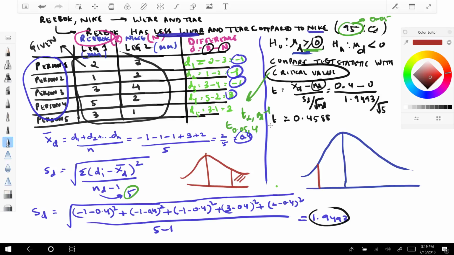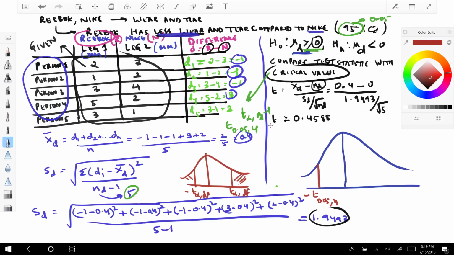So this is T alpha, degree of freedom. To get the left side of the curve, you can do negative T alpha, degree of freedom. So here we will have negative T 0.05 and 4.